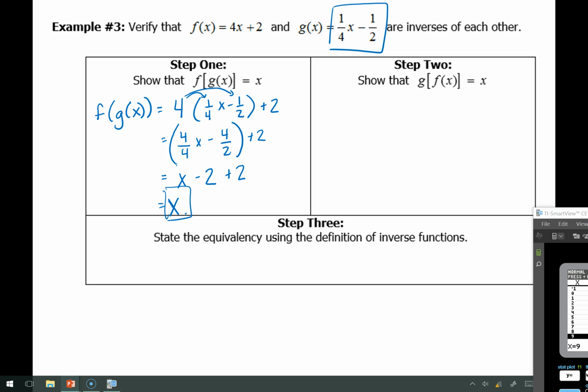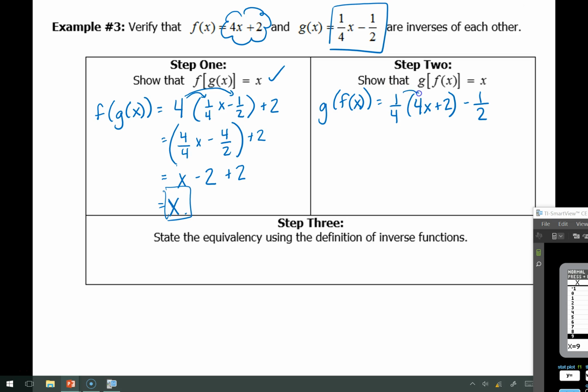So now let's do it the other way. Let's do g of f of x and see if we get that it's equal to x as well. g of f of x means we're taking f of x and putting it inside of g. So I've got 1/4, and then I'm going to leave some space with parentheses there, and that minus 1/2. I'm going to take f of x, which is this guy, and put him where that x spot is.